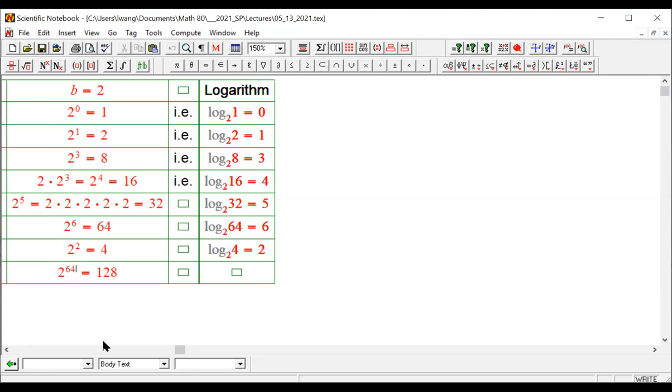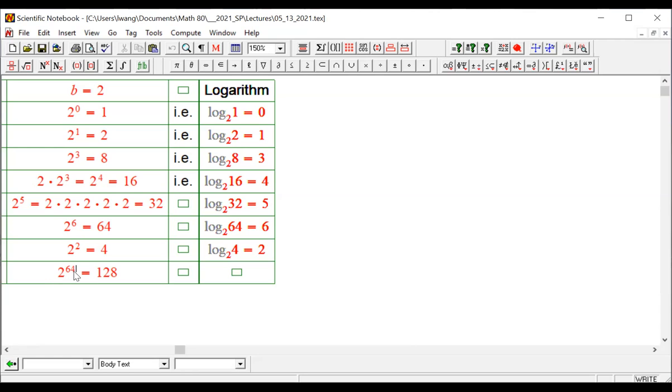Have you checked it? 2 divided into 128 is equal to 64. That is true.